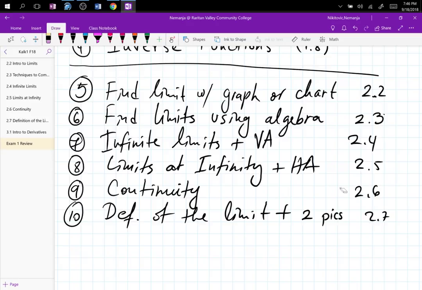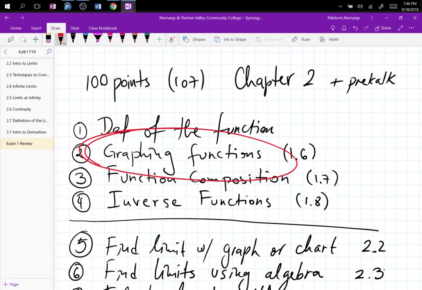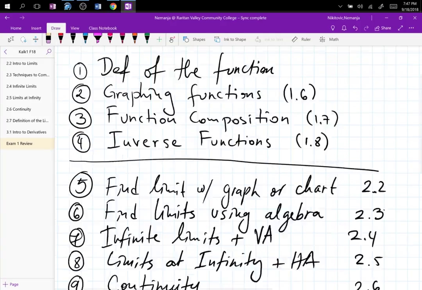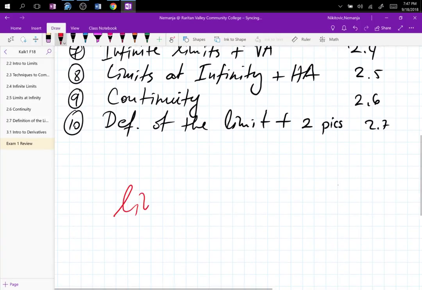For number 5, the graphical one, will we have to graph the limit that you give us? Yes. I can ask, find the limit of e to the x plus 2, minus 1 as x goes to 0.